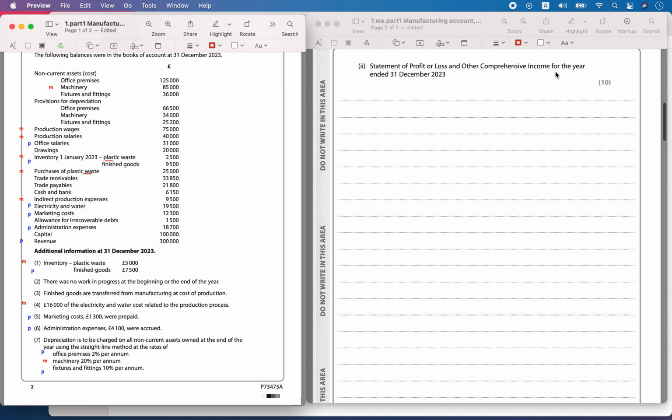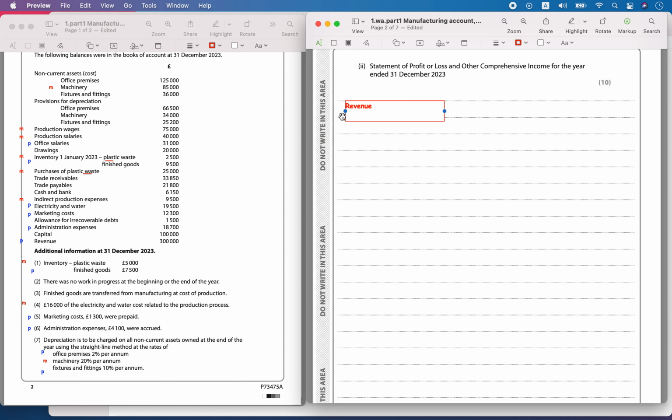So let's start preparing the statement of profit and loss and other comprehensive income. The first one is going to be revenue. Then I have opening inventory of finished goods.